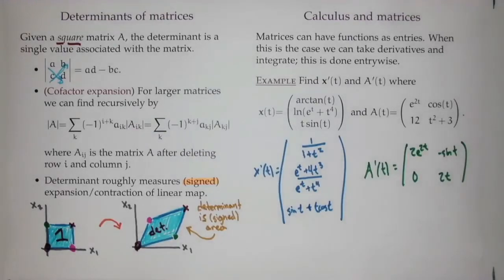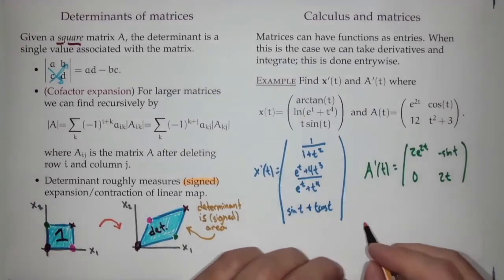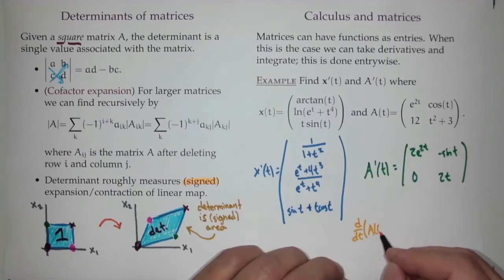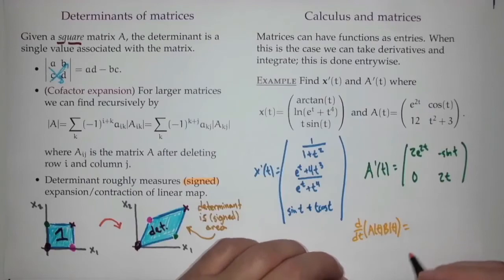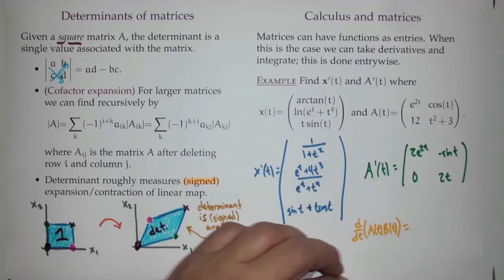We can do that. On a side note, just for fun, suppose I was taking the derivative of the product of 2 matrices, A of t, B of t. What do you think this should be? Just what feels right? You would think it should be A prime of t times B of t plus A of t times B prime of t, right?